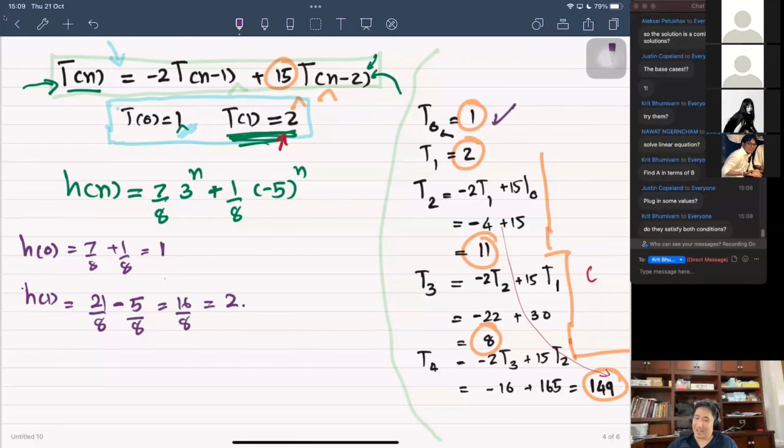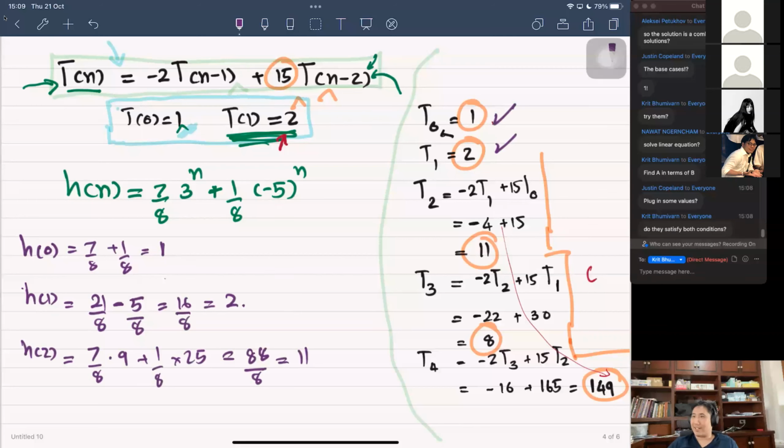Aha, kind of works, right? Or you can try more. h of 2 is 7/8 multiplied by 9 plus 1/8 multiplied by 25. 7 times 9 is 63, and 63 plus 25 is 88/8, which is exactly 11.